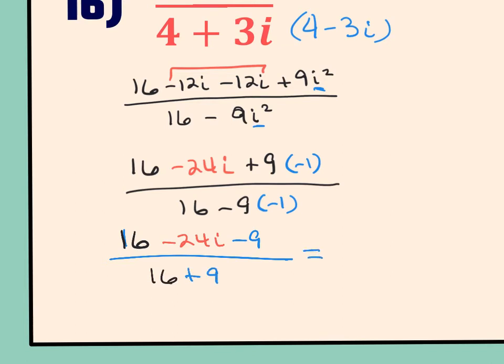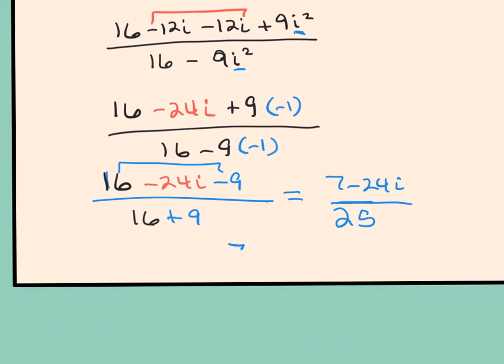I can add the like terms in the numerator and the denominator, so this becomes 7 minus 24i over 25. Nothing simplifies here, so you can leave it like this. Or again, remember, you can pull it apart and give each a 25 denominator.